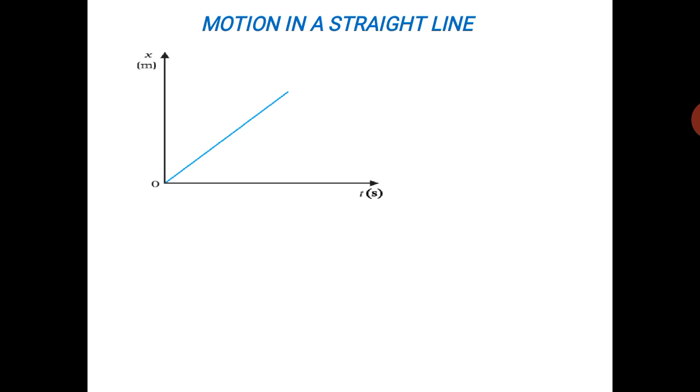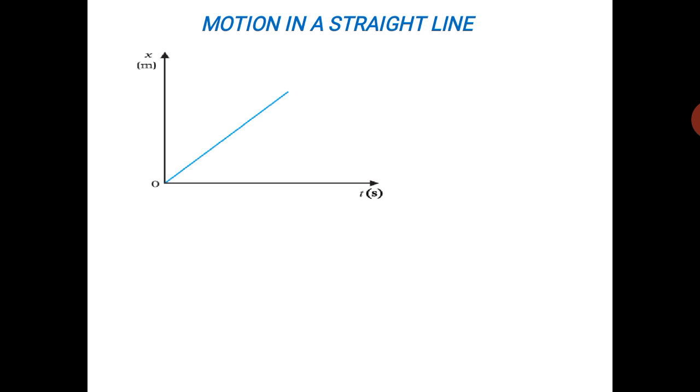Mark the points, and by joining them we get a straight line. So from this we can say the position is changing, meaning the particle is in motion, and in equal intervals of time the change in position is also the same.